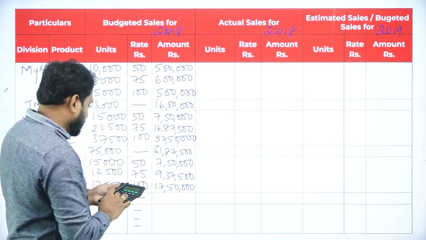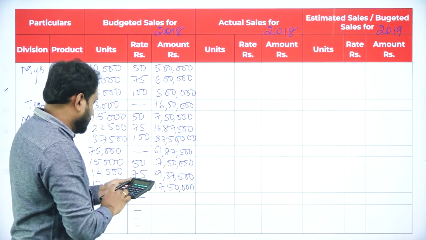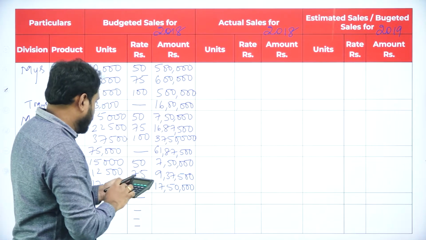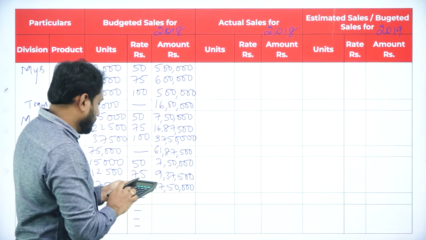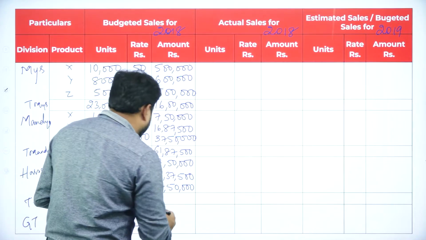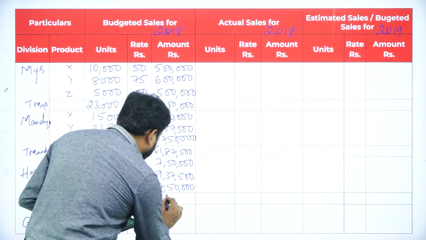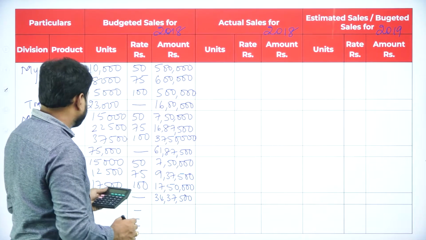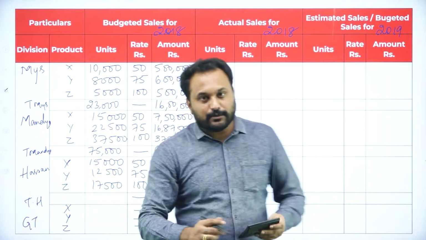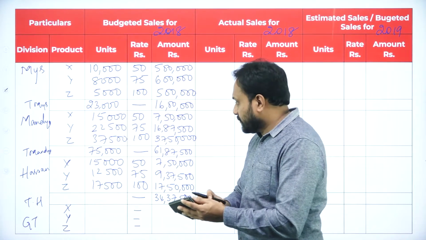Now we need to add this. Plus 9,37,500. So we have 34 lakh 37,500. Here 15,000, 12,500 and 17,500 we are supposed to do.